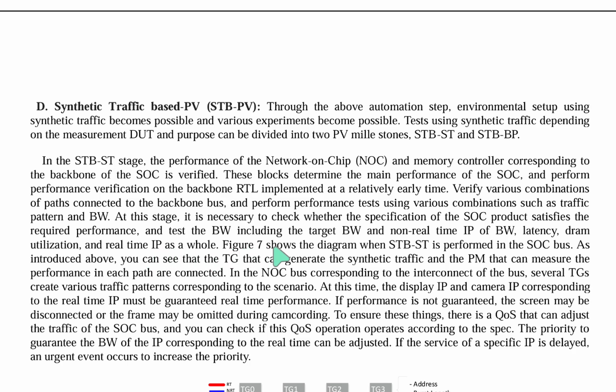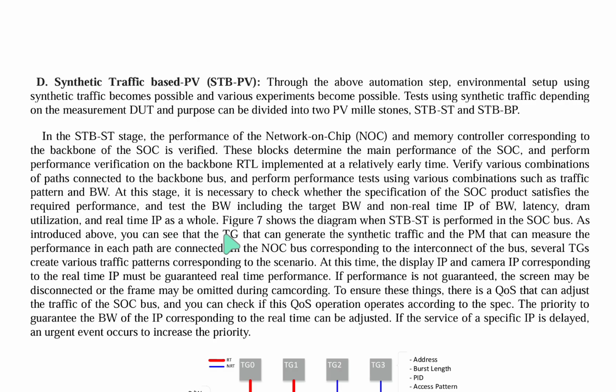Figure 7 shows the diagram when STB-ST is performed in the SOC bus. As introduced above, you can see the TG can generate synthetic traffic and the PM can measure the performance in which paths are connected in the SOC bus corresponding to the interconnect of the bus.